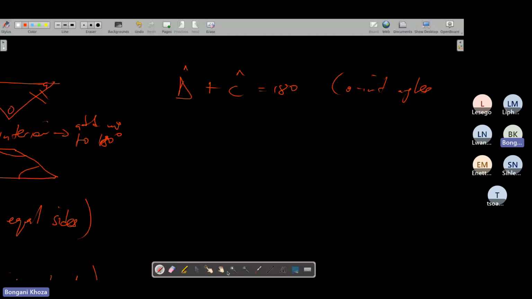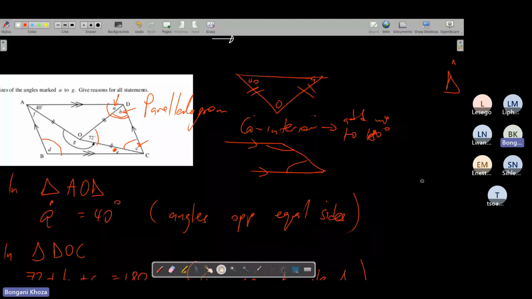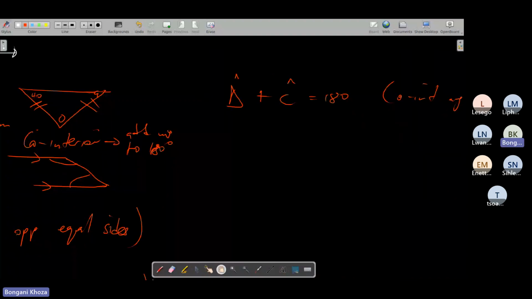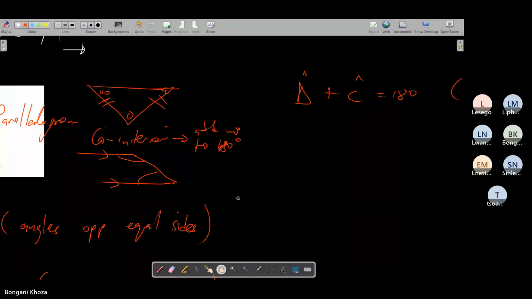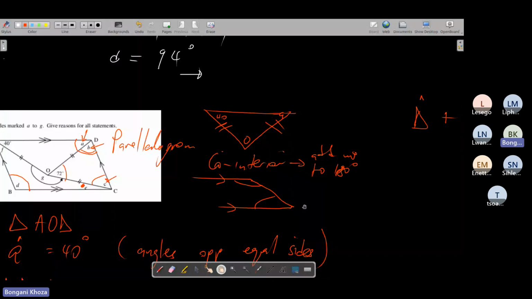That's because AD is parallel to BC. So for angle D over here, angle D is just A plus B.